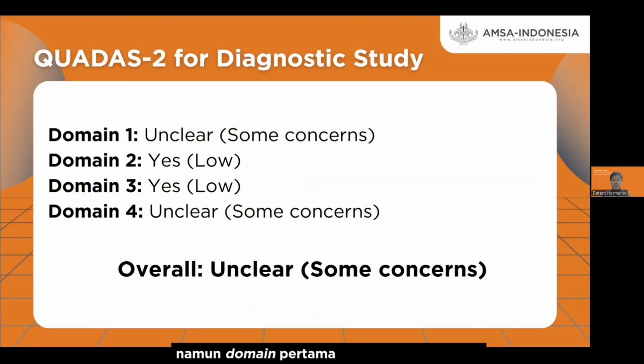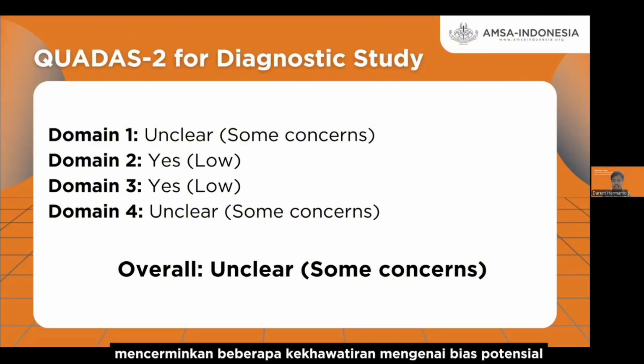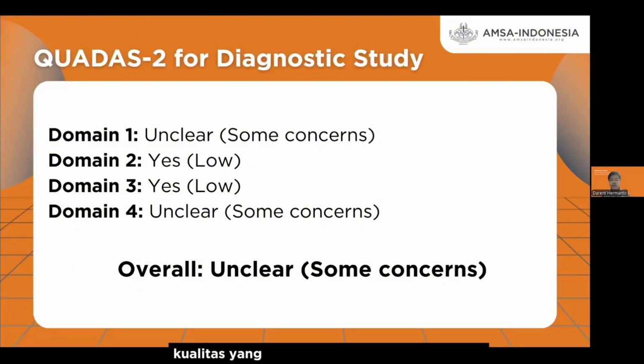However, the first domain and the fourth domain were judged as unclear, reflecting some concern regarding potential bias. Overall, while the study demonstrates generally adequate quality in several aspects, uncertainties in specific domains may affect the confidence in the diagnostic accuracy findings.